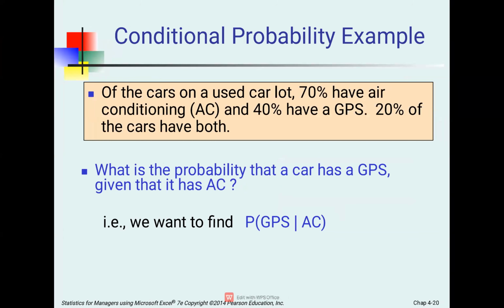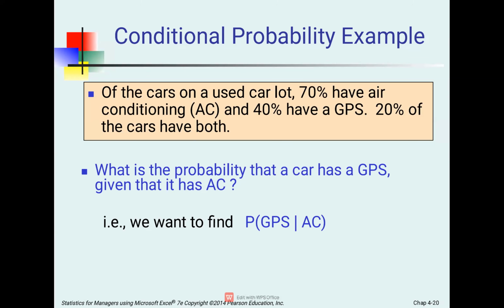Okay. The example that you were given is that of the cars on a used car lot: 70% have air conditioning, and 40% have GPS. 20% of the cars have both.